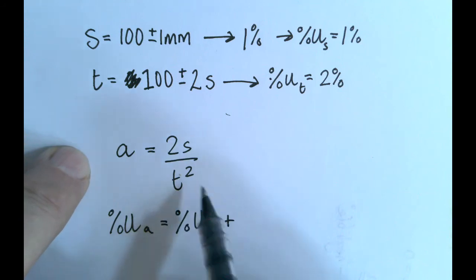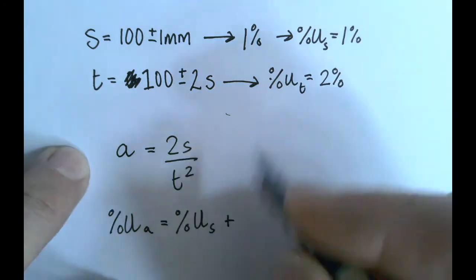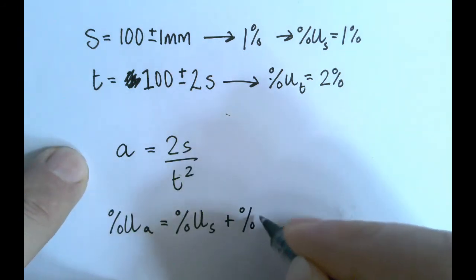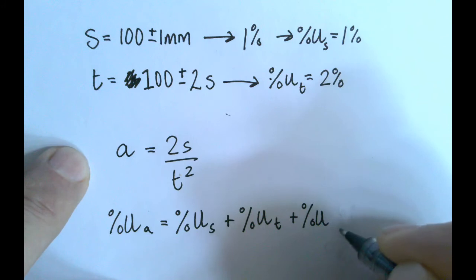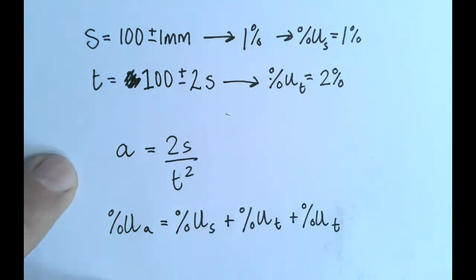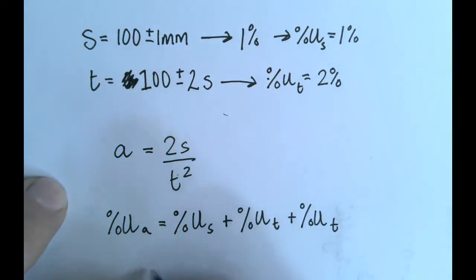That's what squared means. So you add it again. So it's percentage uncertainty in the time plus another percentage uncertainty in the time. And you add all those together and it comes out at 5%.